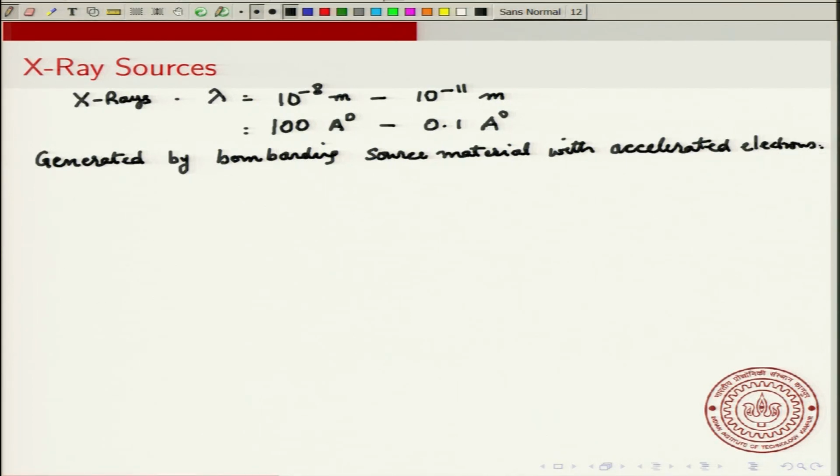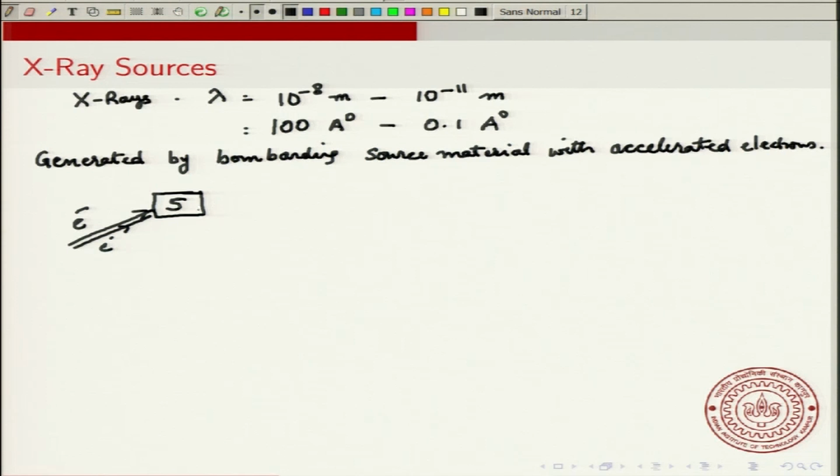What I mean is the following: you have a source material, and you hit it with very high energy electrons.